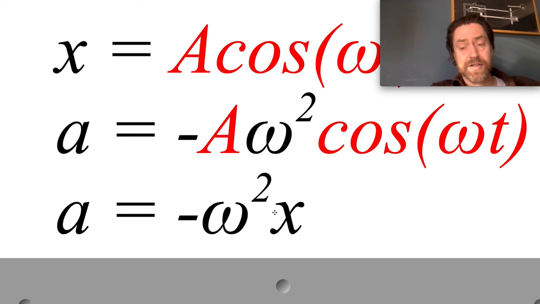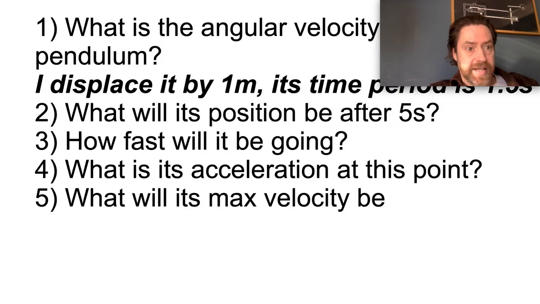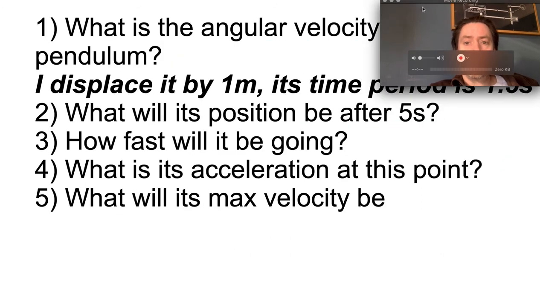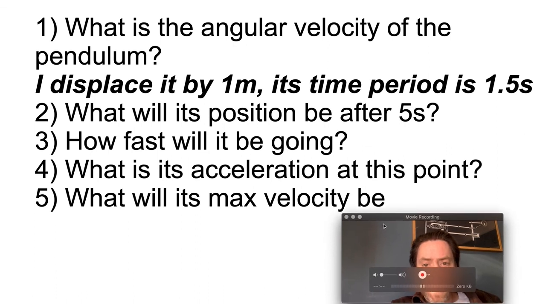Now, I'm going to finish this here. We're going to go on in the next video to look at how we approach some simple harmonic motion problems. But I'm going to leave you with a little task to do. I've set a pendulum up.